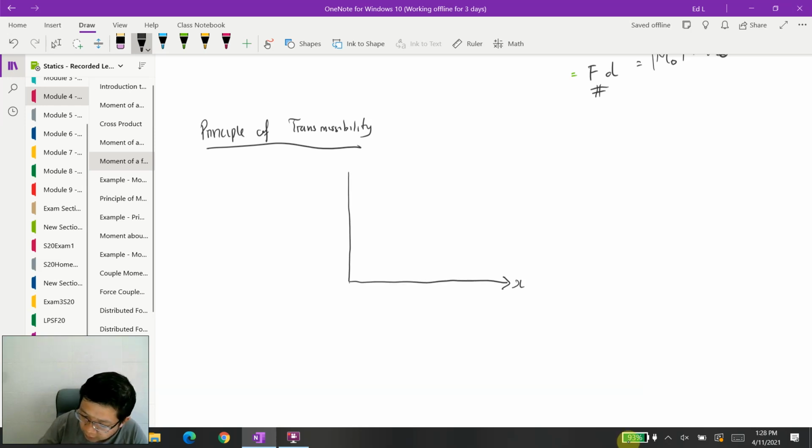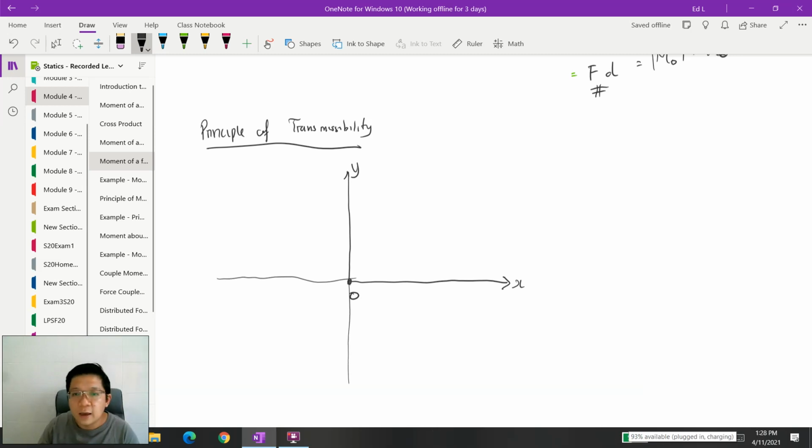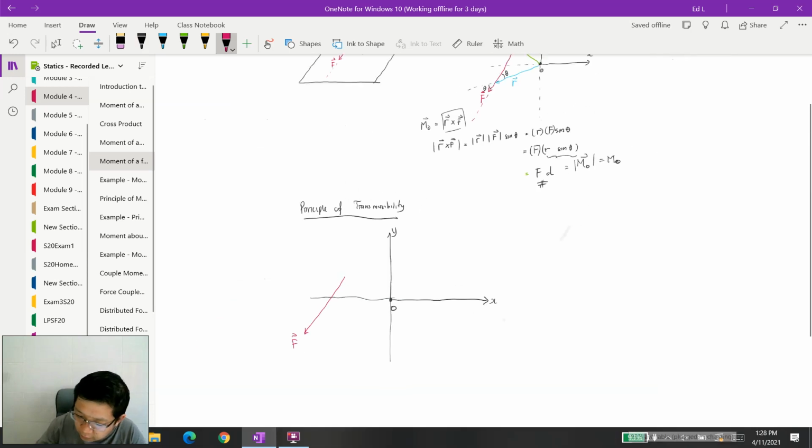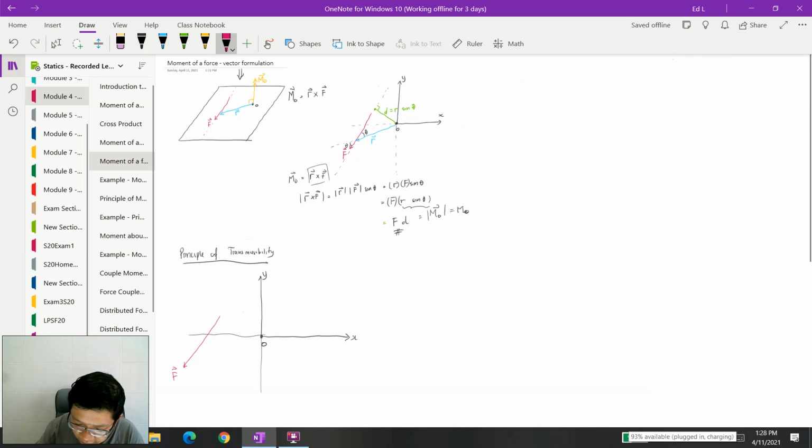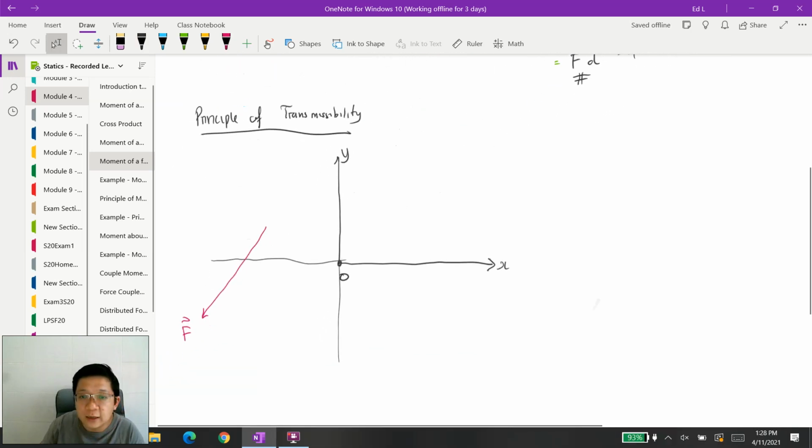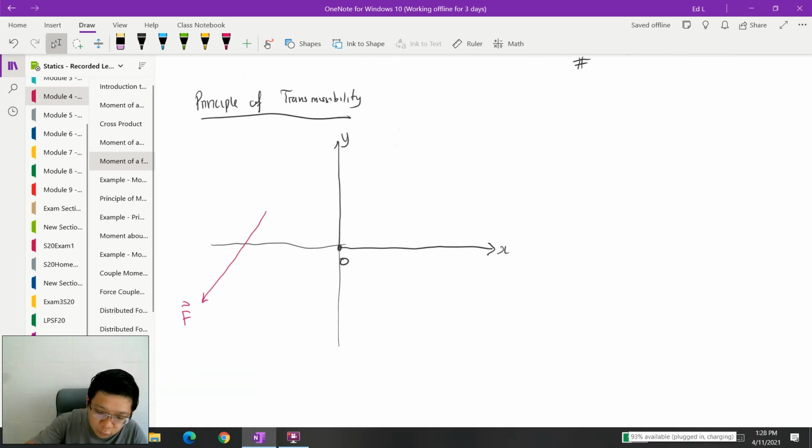That is my x, that is my y-axis, that is my O right there. Then we have our force F right there, and after that we have our R1. That is our R, but right now I'm going to call it R1.